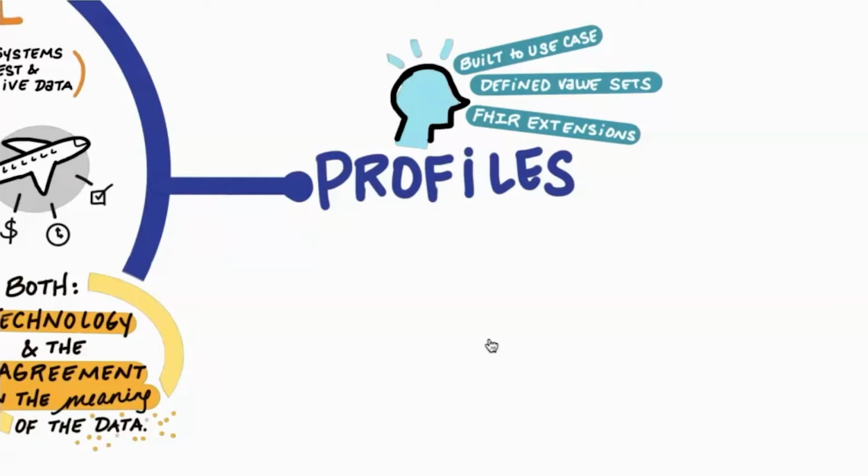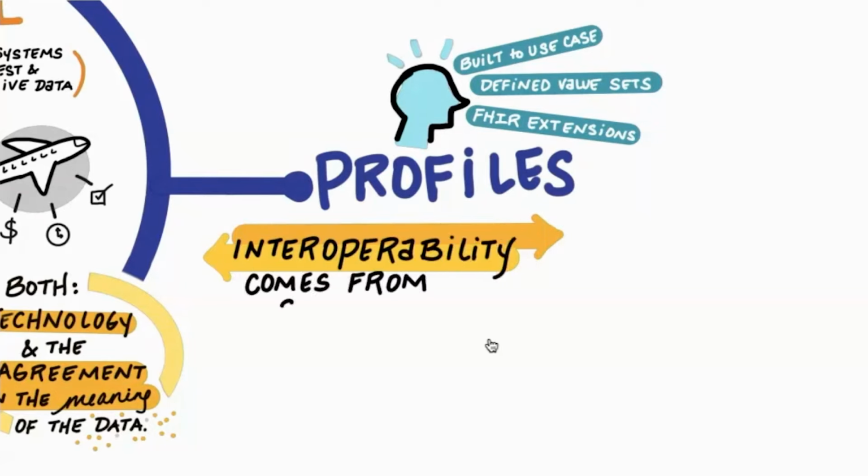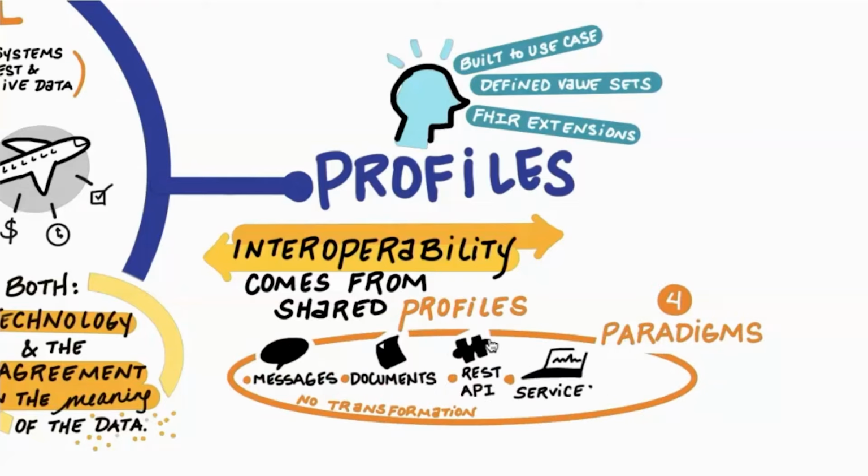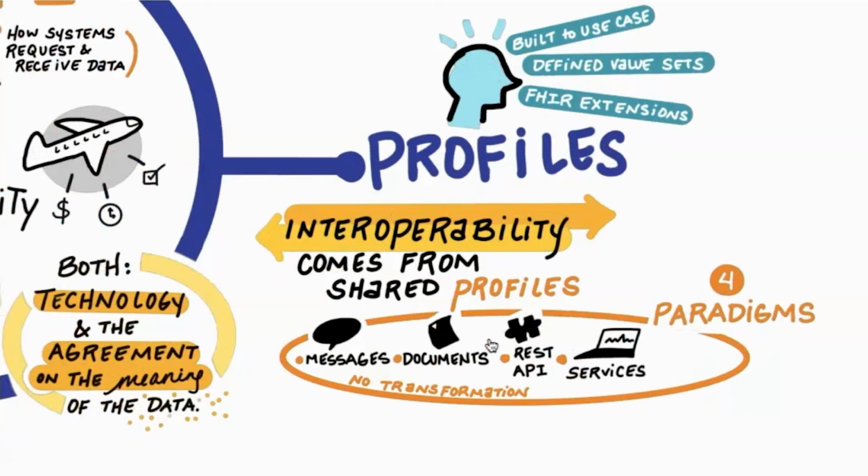They include value sets or terminology bindings for that profile, and they may include FHIR extensions, which we'll come back to in a couple of minutes to explain what a FHIR extension is. But most importantly, interoperability comes from shared profiles, from using the same FHIR profile between two or more systems. That's interoperability. Just using FHIR does not create interoperability. It's using the same profile.